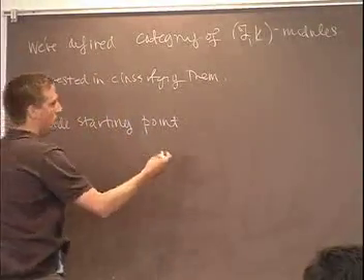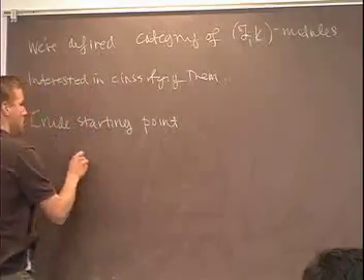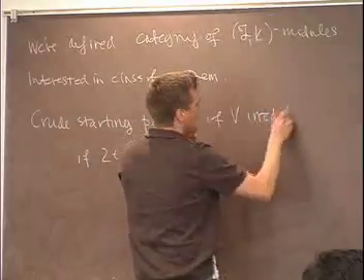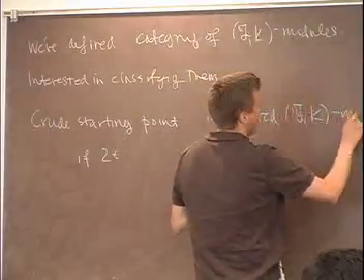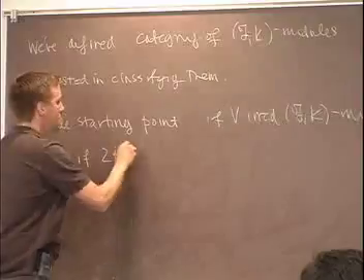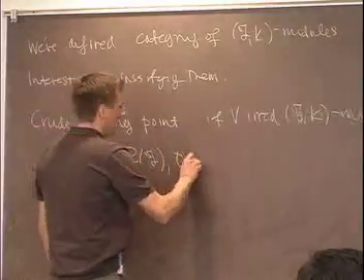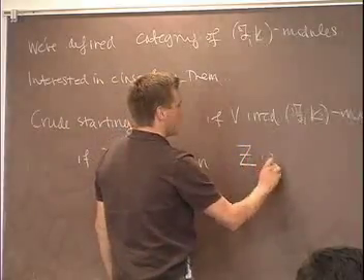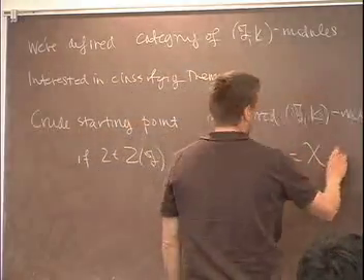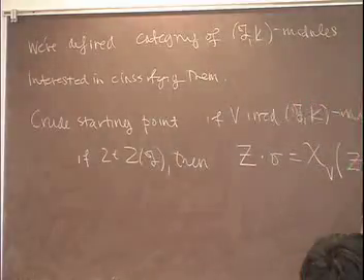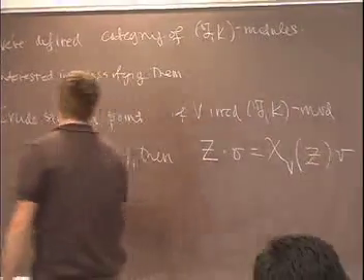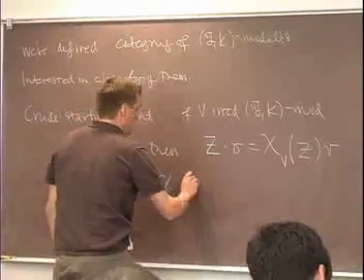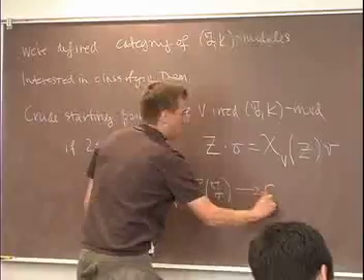And we have this version of Schur's lemma: if V is an irreducible GK module and Z is in the center, then Z acting on any vector v is some scalar that only depends on V, for some chi_V, which maps the center into C cross.